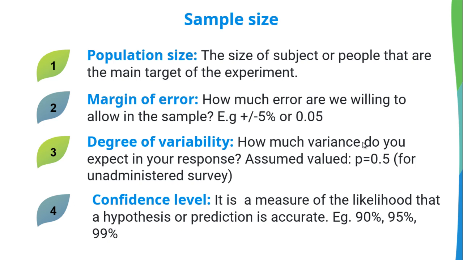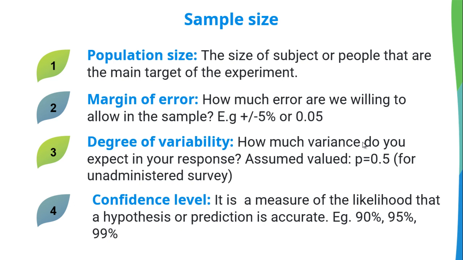When the survey has not yet been administered, you assume a variance of 50%, which is 0.5. This is for an unknown population, when you don't know the population yet. This is based on different methods which I will explain further.